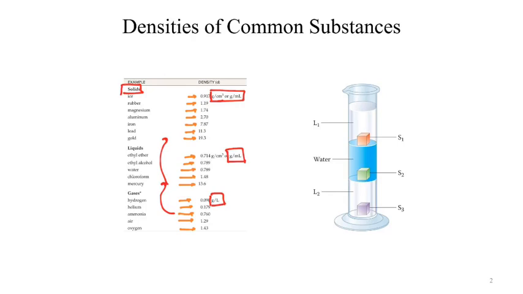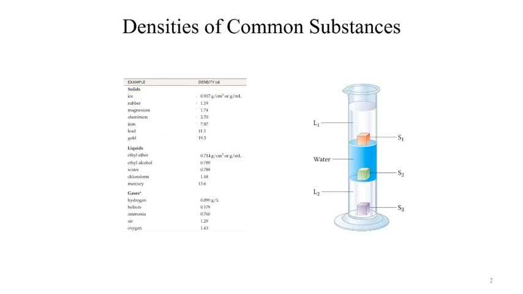If we look at examples of how we can use this, say on an exam question, we could say, for object solid 2, explain its density. You might say, well, there are no numerical values. We don't need numerical values to explain the density. We know S2 sunk, or fell lower than S1.